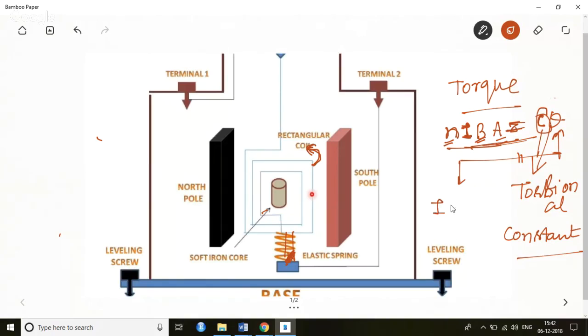So from here I can find that I is equal to C theta divided by NBA. I know all these quantities. That's how I can measure I from here. So this is what a moving coil galvanometer is.